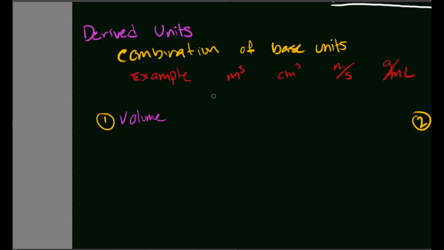What's a meter cubed? It's just a meter times a meter times a meter. Centimeter cubed is the same thing: centimeter, centimeter, centimeter. Meters per second, we have a meter and a second. And grams per milliliter, that's just grams and milliliters.